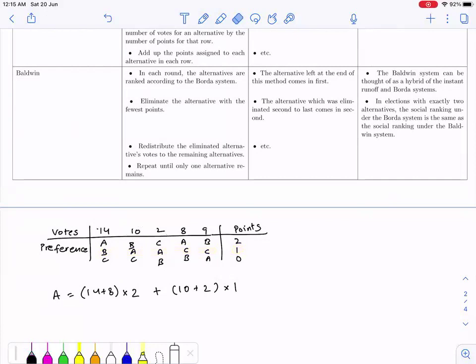Finally, you don't technically have to do this because it's 0 points, but just for the sake of completion, you have the last row and you look at A, and 9 people have their last preference as A, but that has just 0 weight, so it doesn't really count.